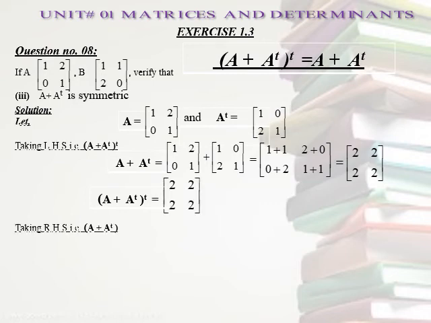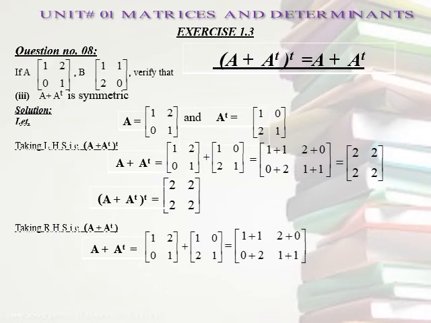Now I am taking the right hand side, that is A plus A transpose. As A is written first, I'll write A first, then plus sign and then the transpose of matrix A. Now I'll add the entries of the first matrix to the corresponding entries of the second matrix, and after addition I have got this matrix.